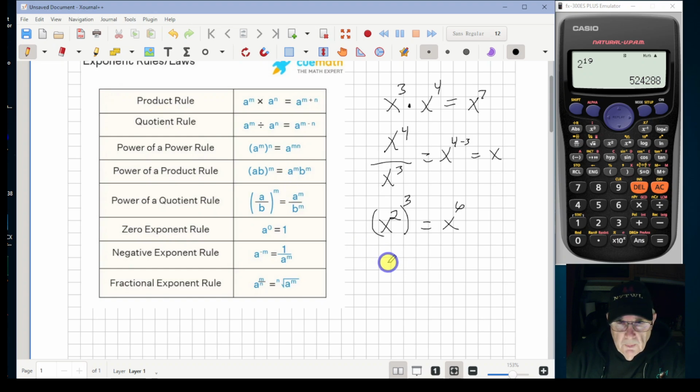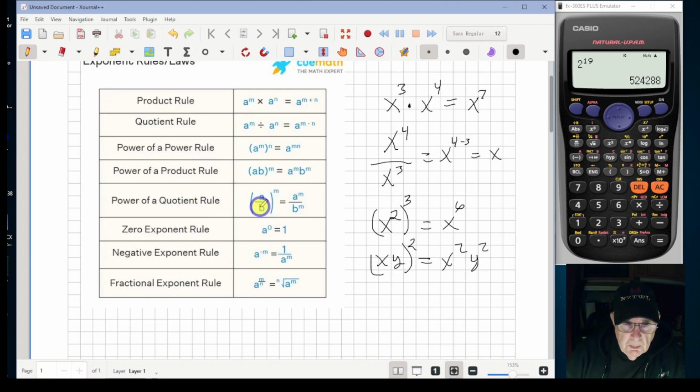If I have x and I have y and this expression is raised to the second power, that's the same as x squared times y squared. The two components inside get the same exponent. Okay. And notice that they do not have to be the same base. And sometimes for the sake of simplicity and getting things to cancel out, you want to go back and forth.